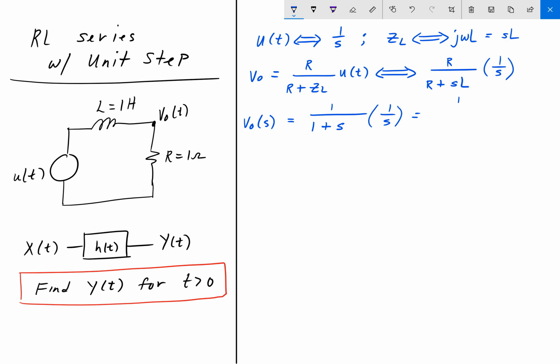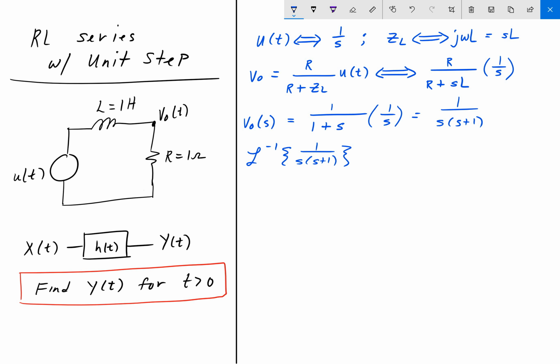And that gives us 1 over s plus 1, times s. And so our answer is simply going to be the inverse Laplace of 1 over s times s plus 1.